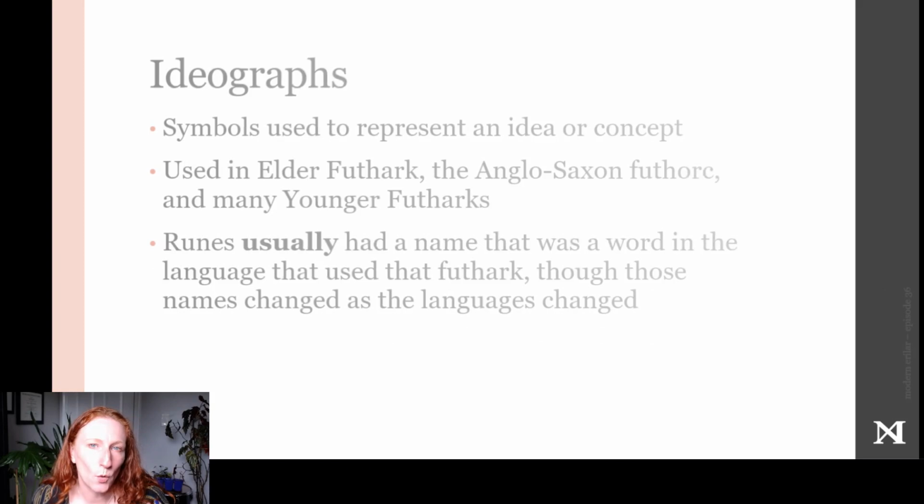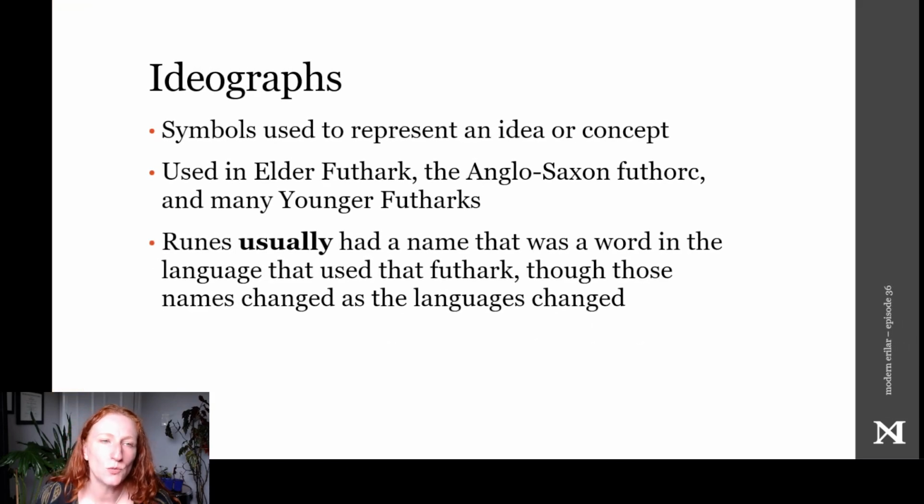An ideogram or ideograph is a symbol used within a given writing system to represent an idea or a concept. For any given Futhark, whether Elder Futhark, Anglo-Saxon Futhorc, or one of the Younger Futharks, each rune had its own name, and that name was usually an intelligible word within the language of the time of use, but not always.